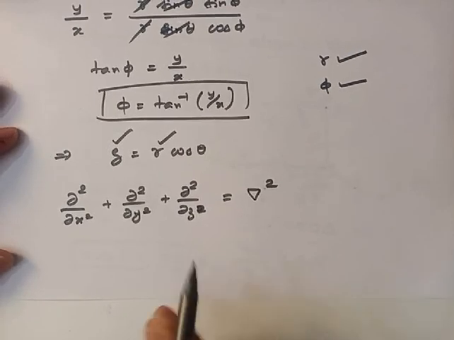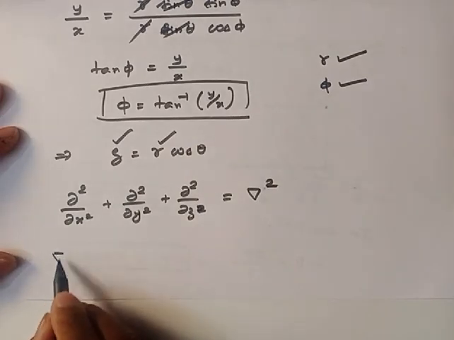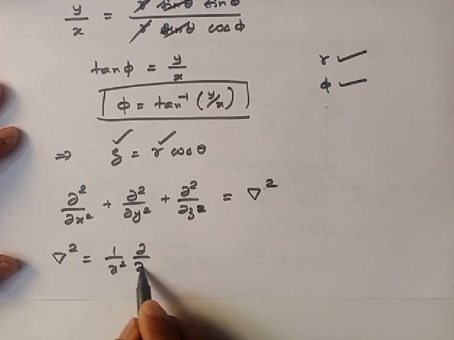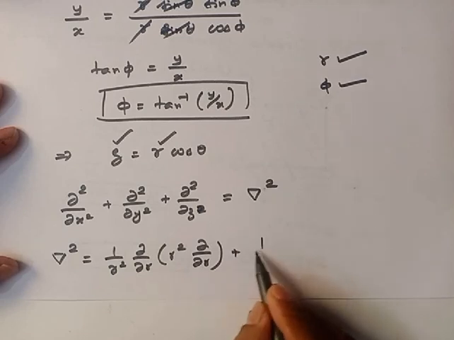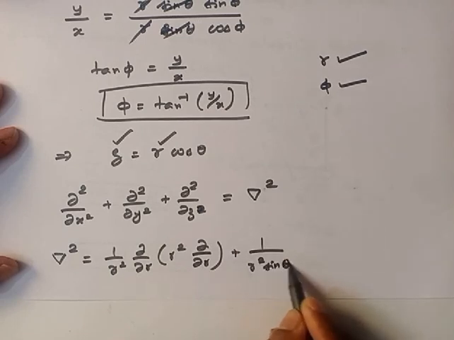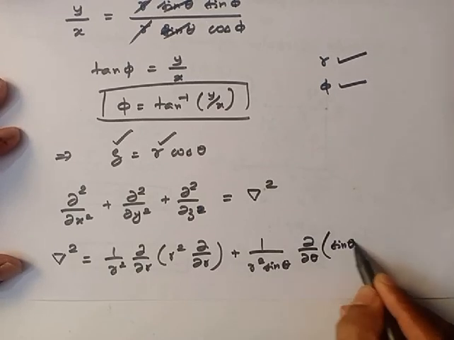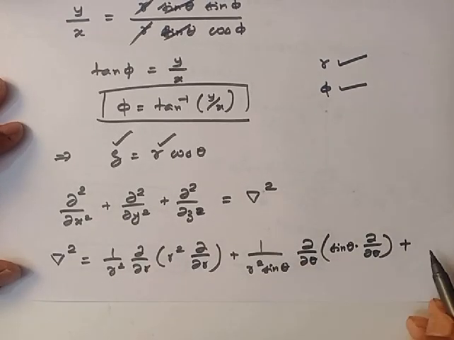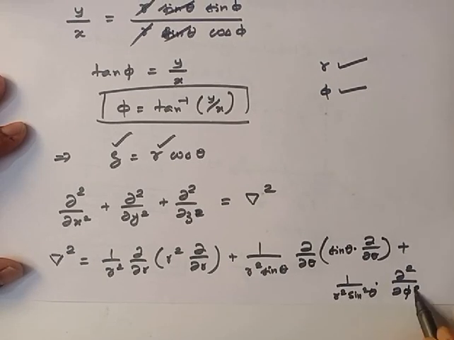What we have to do, using the chain rule, is calculate this, this, and this, then add them. What we get is del square equals 1 by r square into dou by dou r of r square dou by dou r, plus 1 by r square sin theta into dou by dou theta of sin theta dou by dou theta, plus 1 by r square sin square theta into dou square by dou phi square.